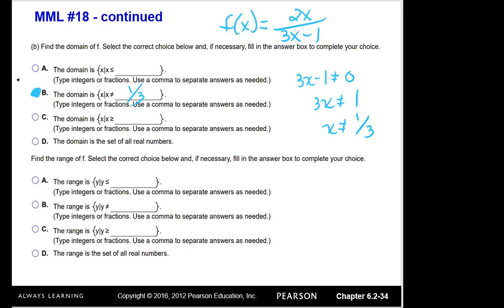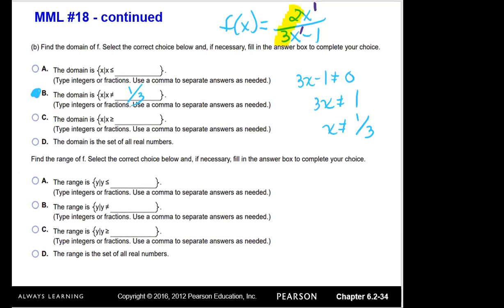Now, the range. The range, you have to go back to something that we did before, and you have to look at the degrees. This is a 2x to the first in the numerator, and then you got a 3x to the first in the denominator. When the degrees are the same, you have a horizontal asymptote at the ratio of the coefficients, 2/3.